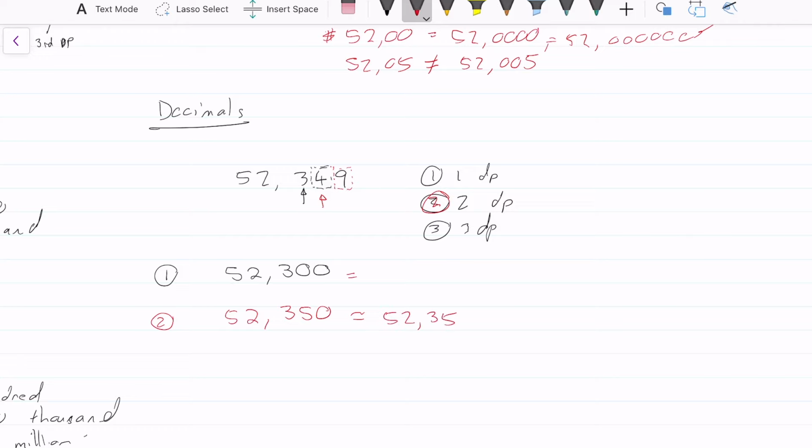We don't have to show the zeros. Okay, and rounding off finally to 3 decimal places, we're looking right here, and we assume a number before that of 0, and 0 always rounds down, so we're left with the exact number we started with.